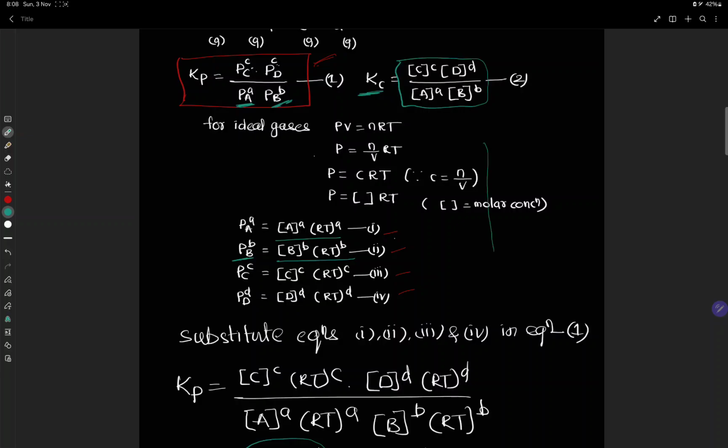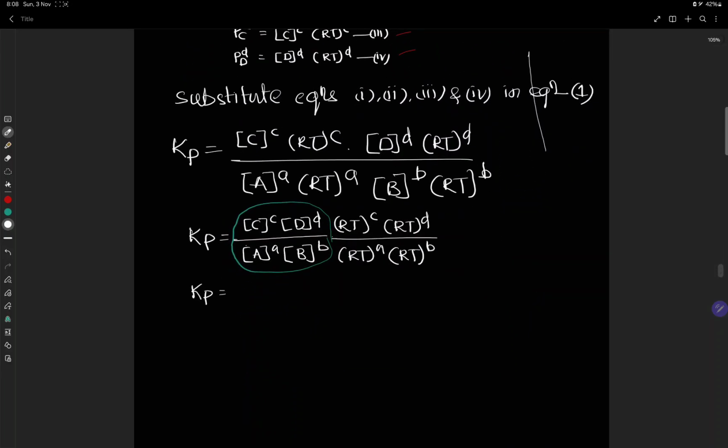Okay, instead of molar concentration of C power c into D power d by molar concentration of A power a into B power b, what you can write, Kc into RT power c into RT power d becomes RT power c plus d, by RT power a into RT power b becomes RT power a plus b.